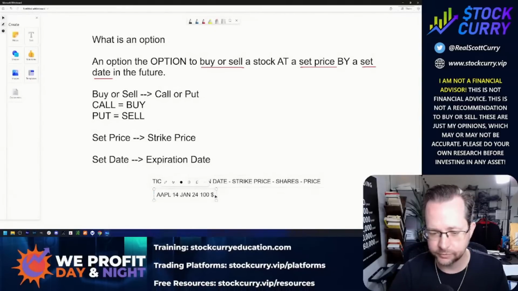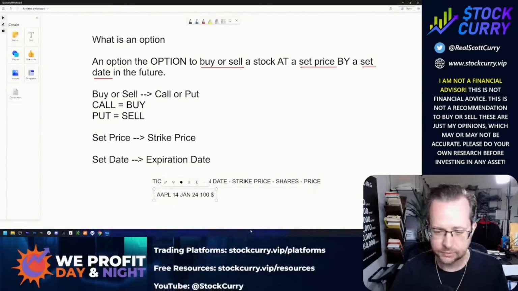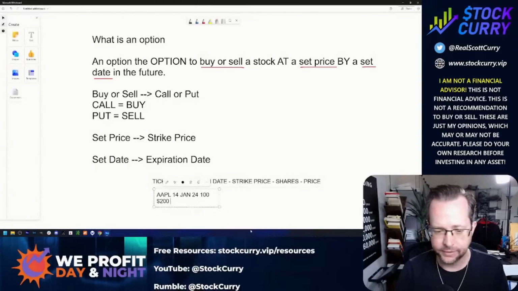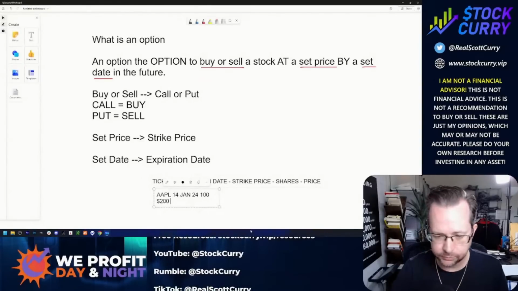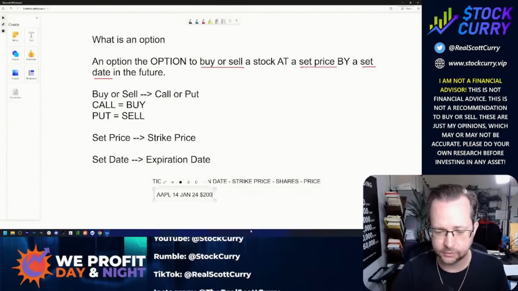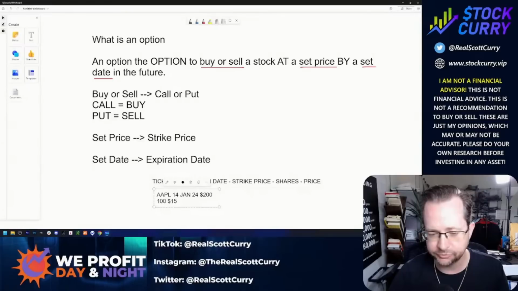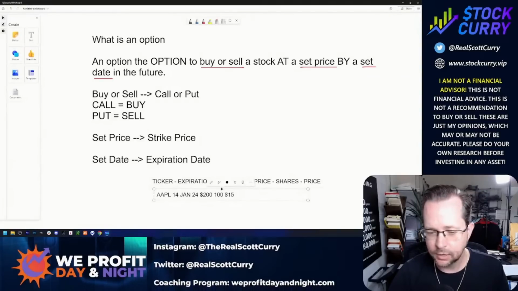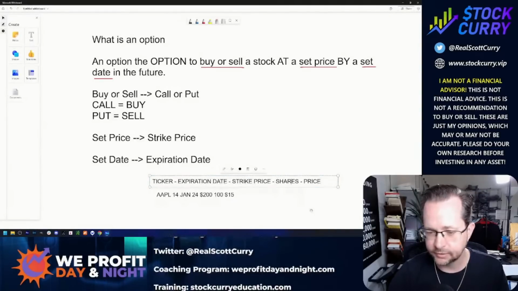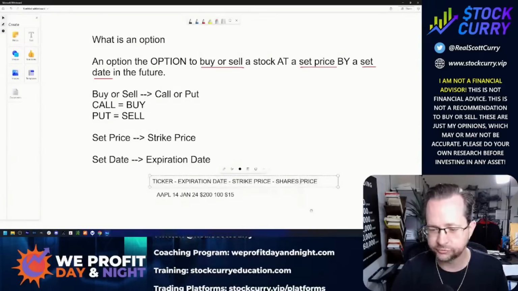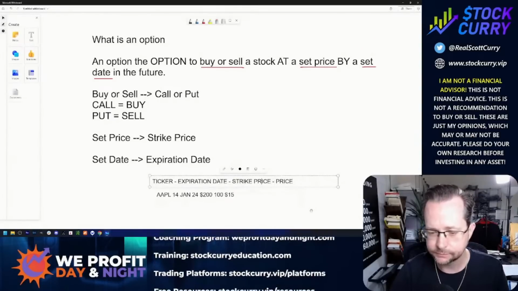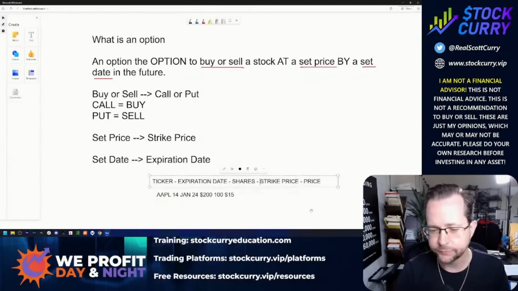Call it 200, 100, and call it $15. I don't know. I'm just making this up. It's actually the shares come before the strike price generally. Okay.